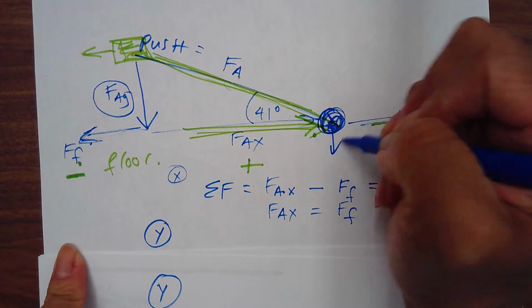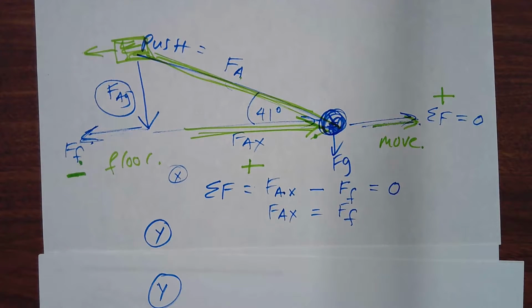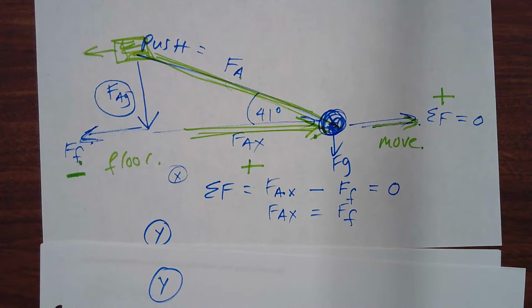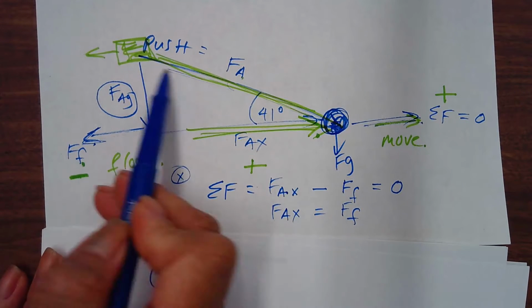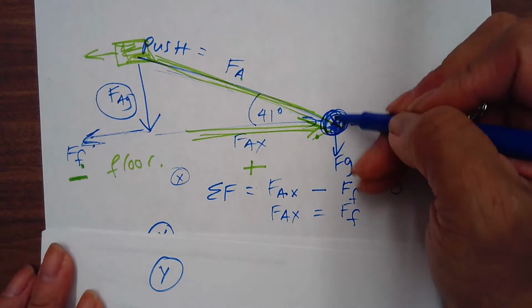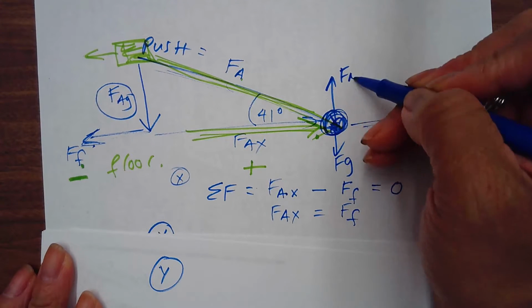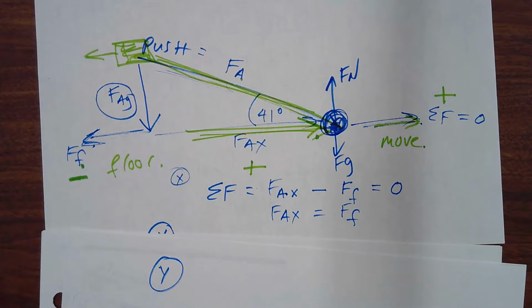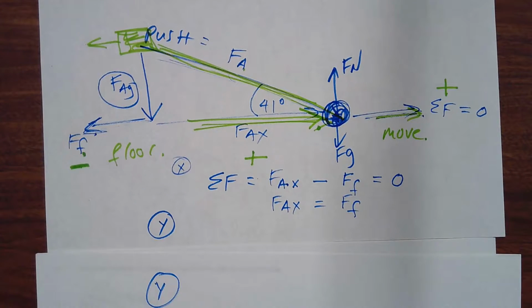So this one has Fg. You guys okay with that? The broom itself, the actual broom has an Fg. Yes? But because it's touching the floor, it has Fn as well, yes? Okay, so let's take a look at the actual forces here.